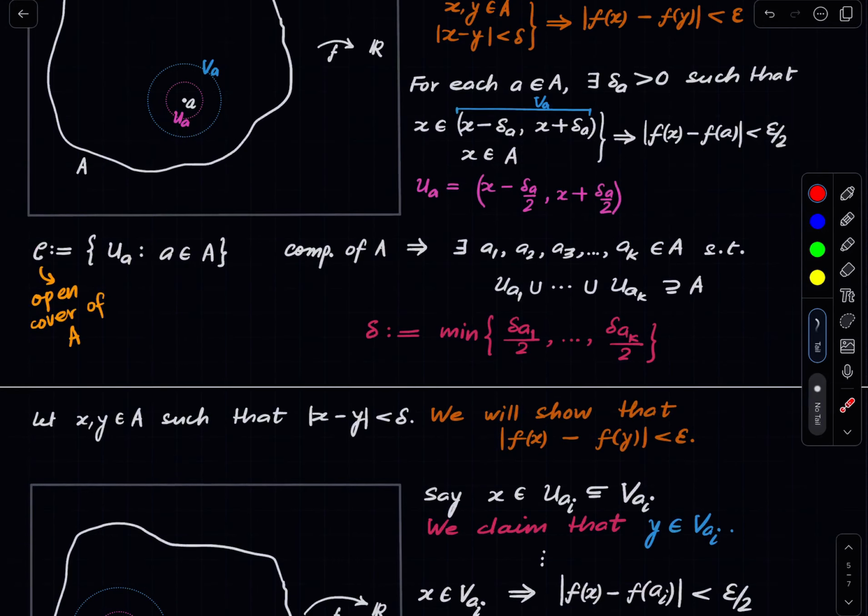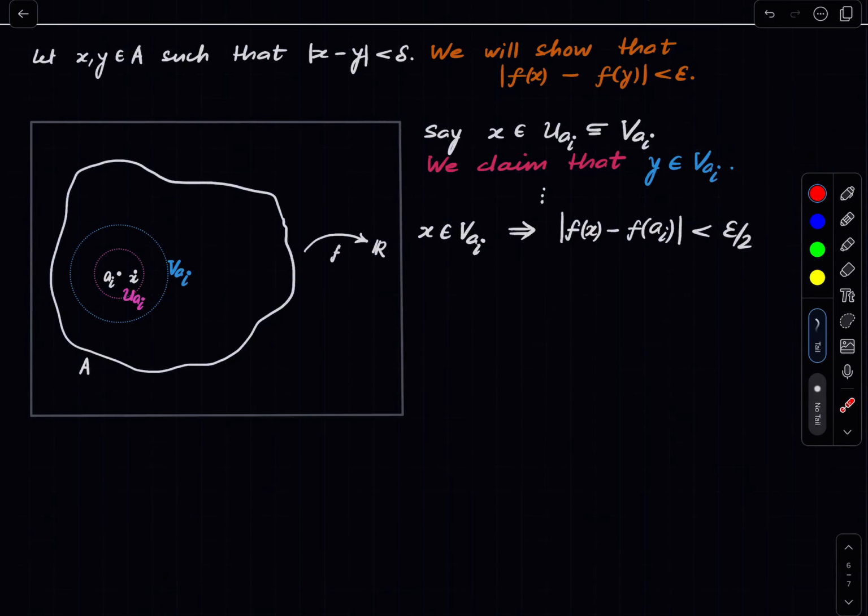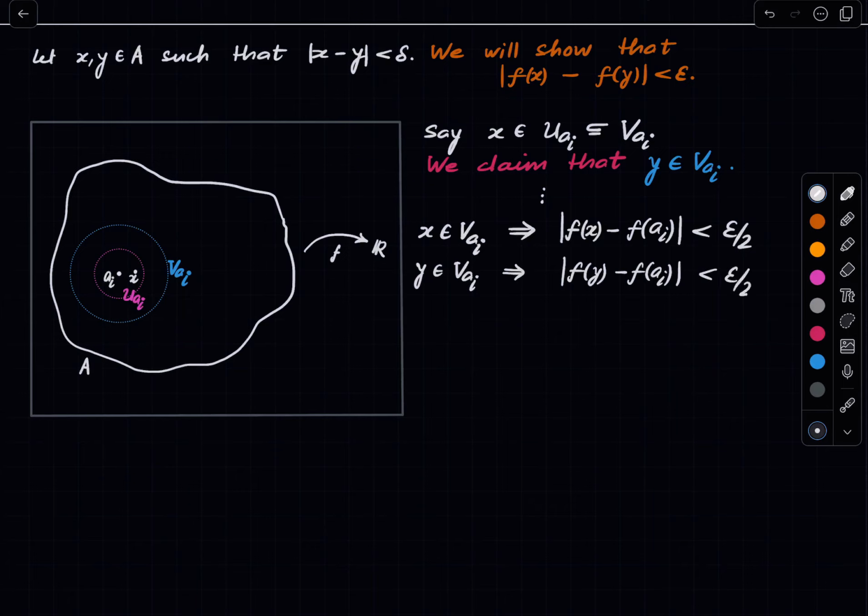That's how we chose the VAs, so that this becomes true. And again, the same thing for y, because y lies in VAI. But let me write this in a flipped way. Let me write FAI first and FY later.